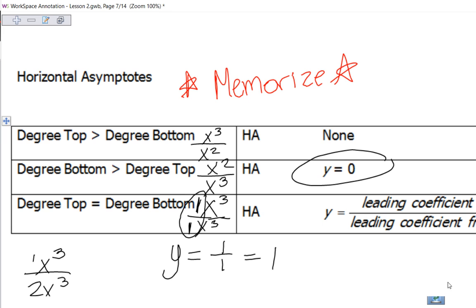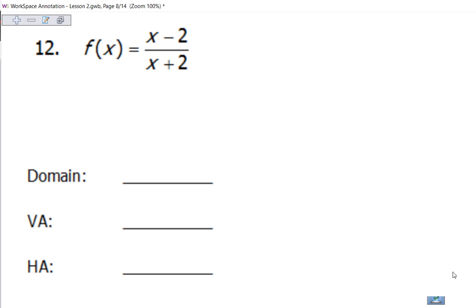Okay, some more examples. Now, we need to find the domain, vertical asymptote, and horizontal asymptote. So the first two are the same we just did, but now we're adding in the horizontal asymptote. So to find the horizontal asymptote, you look for the biggest degree. In the top, the biggest degree is x to the first, right?